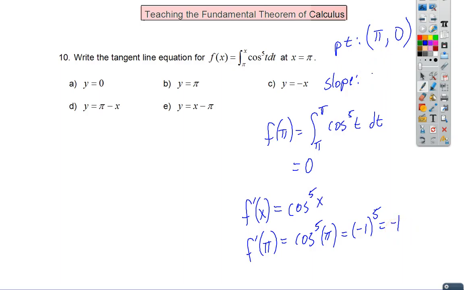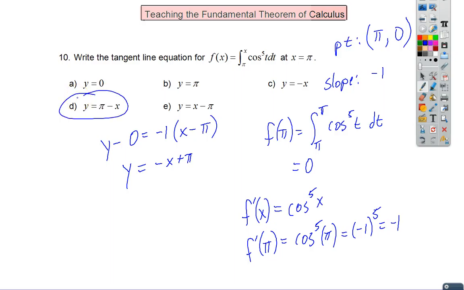So my slope is negative 1. There's my point. So it'll be y minus y1 is equal to negative 1 times x minus pi. And simplify everything. Y is equal to negative x plus pi. Find out which one that is. There it is, D. D seemed to be a good answer this time through.